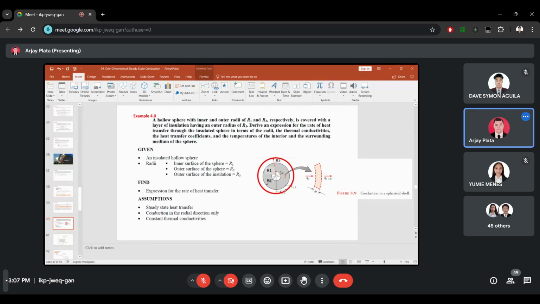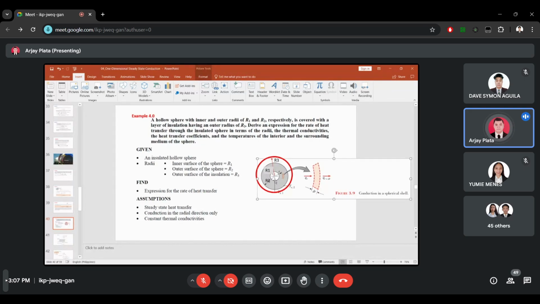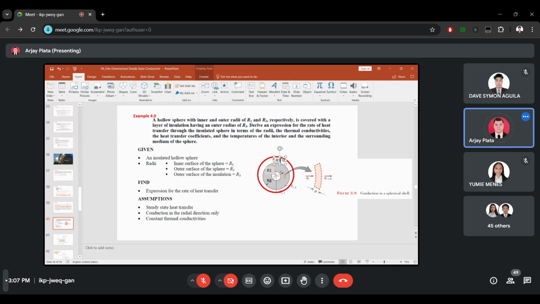So we also have Ts1, which is the temperature of the surface inside. Ts2 is the temperature of the surface outside. So inside the sphere, there is a fluid, so we have to show that there is a temperature, T infinity.